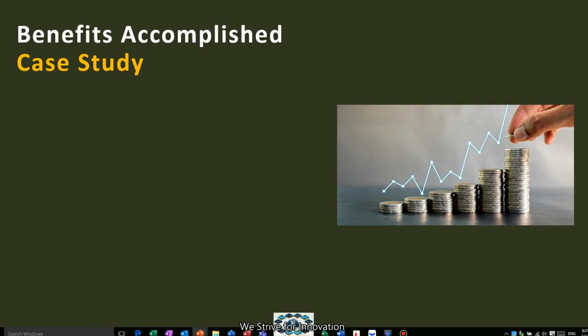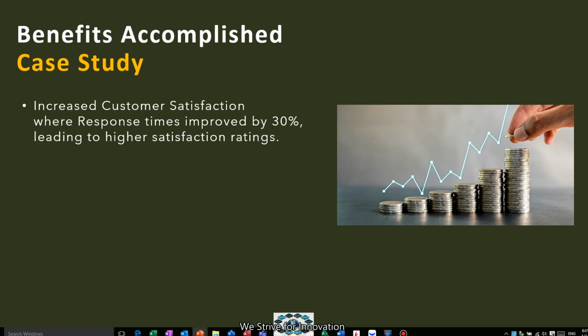This example we just saw demonstrates the practical application and benefit of leveraging Kano analysis in quality improvement initiatives. What was the benefit when you did that within that company? First of all, you increased customer satisfaction. Your response time improved by 30%, which led, of course, to a higher satisfaction rating.